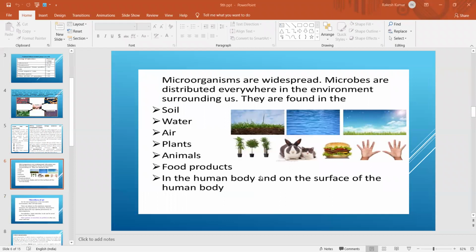Now something about the microorganisms. It is widespread in nature. Microbes are distributed everywhere in the environment surrounding us, and they are found in the soil, water, air, plant, animal, food product, in the human body and on the surface of the human body.